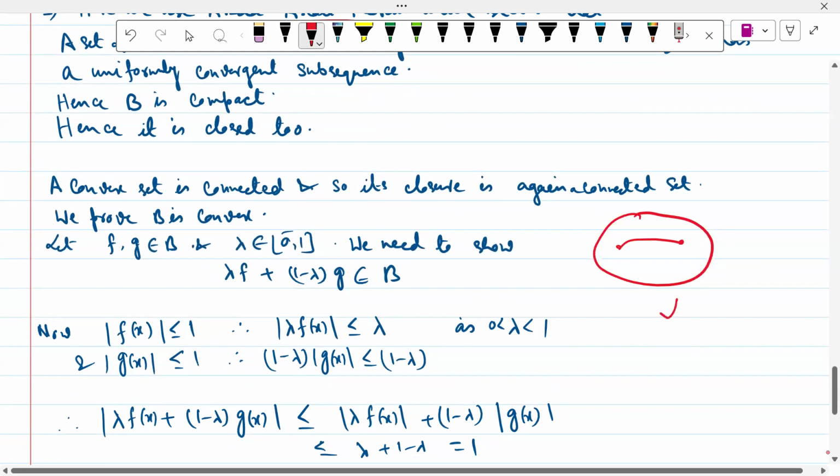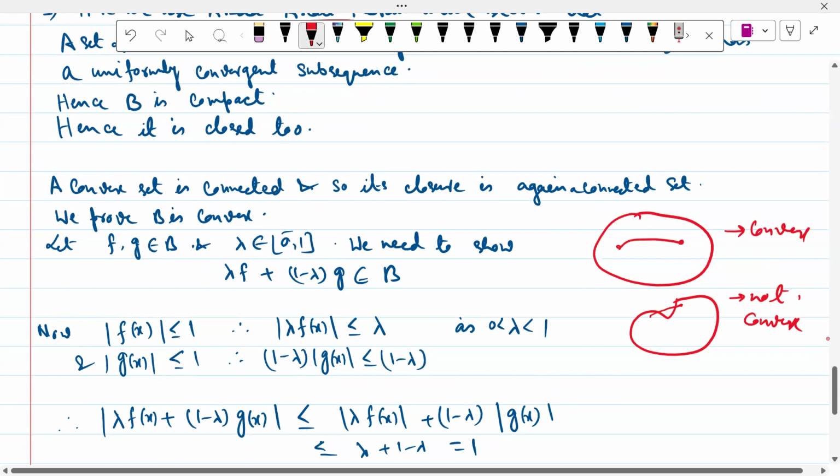This is convex. This is not convex. For example, if you have a point here and a point here, you join them by a straight line, this straight line goes outside this space. So this is not convex.